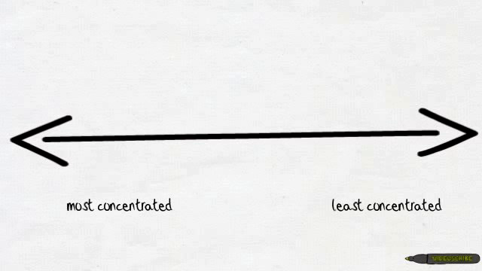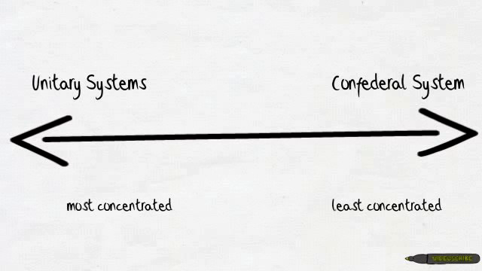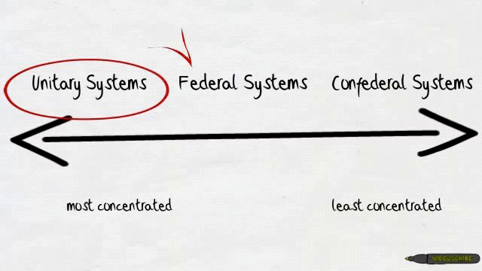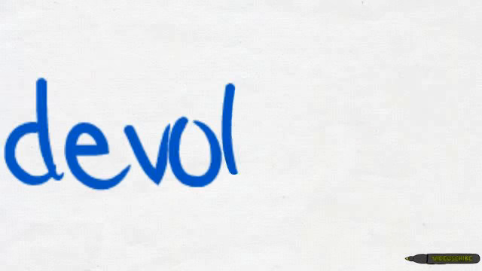Unitary governments are placed on the far left, confederal on the far right, and federal governments are in between. Most countries have a unitary system, although some are transferring powers from a central government to sub-governments. This is commonly known as devolution.